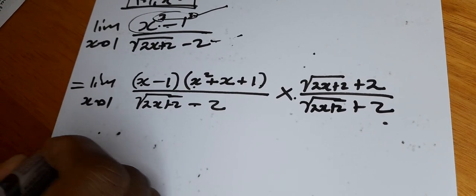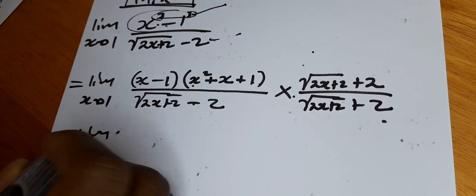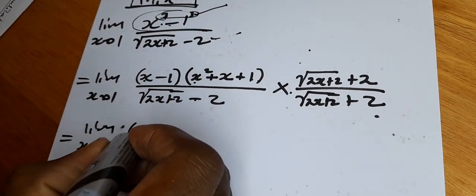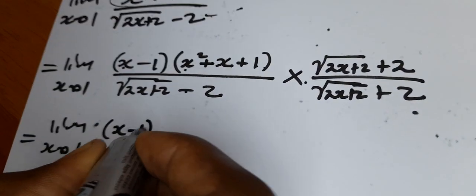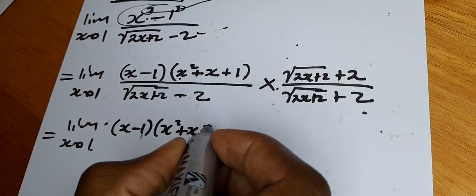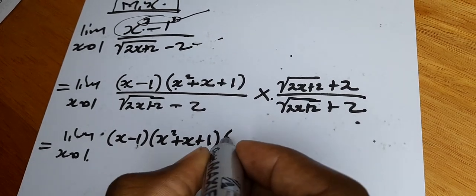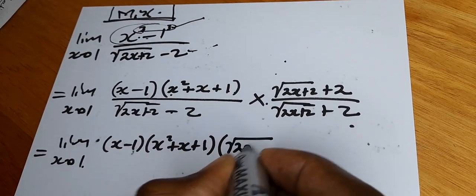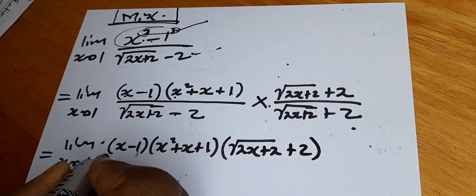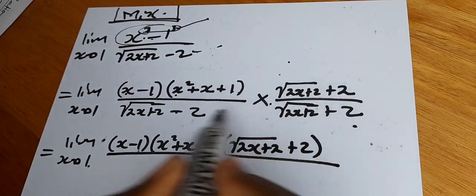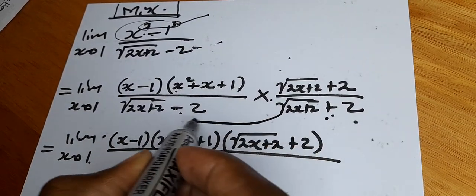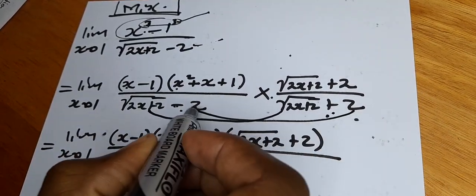Then now this will be equal to the limit when x approaches 1 of x minus 1, x squared plus x plus 1, multiplied by the square root of 2x plus 2 plus 2, all over. Then now, since this one is a difference of 2 squares, we are going to multiply this one and this one.